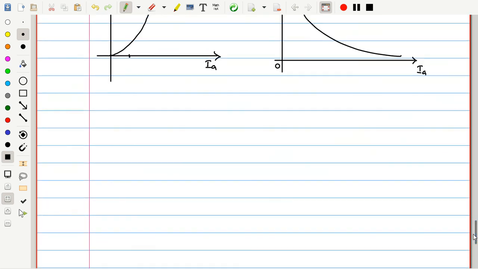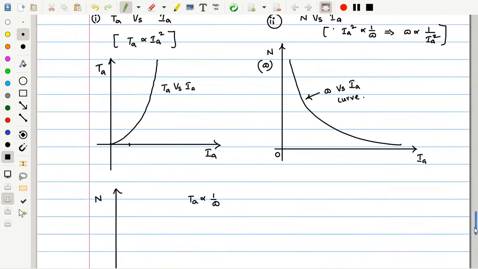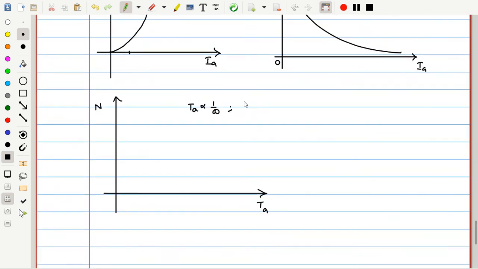Similarly, for the other characteristic, the torque versus the speed, we have already seen that torque is proportional to 1 by omega. See here in this expression, torque is proportional to 1 by omega. So now, depending on your requirement, you can say omega is proportional to 1 by Ta. It is an inversely proportional relationship.